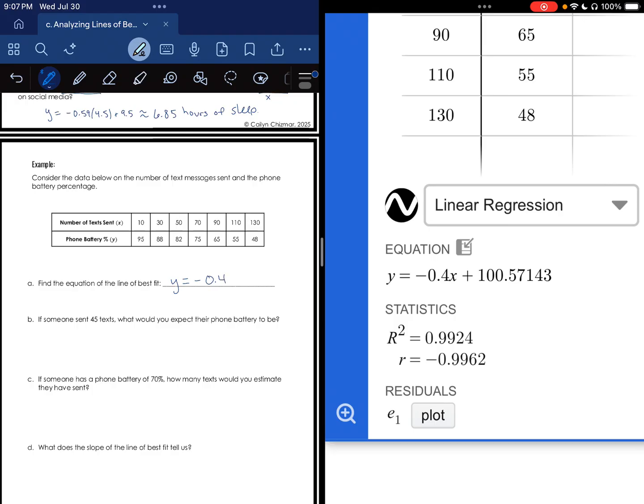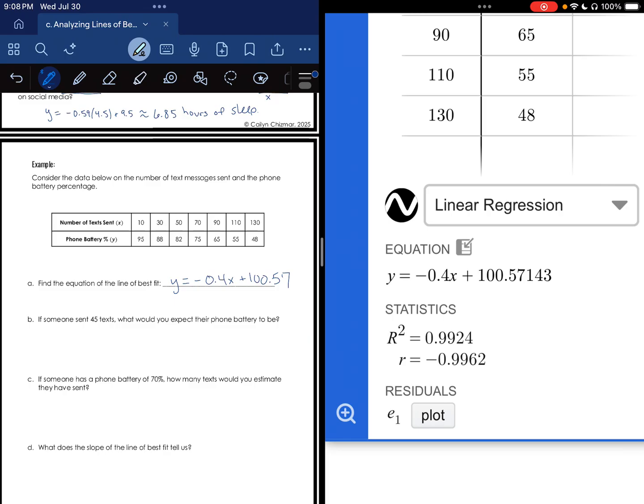And I got about 82.57%. So around 83% would be their battery, we think, if that's how many texts that they've sent.